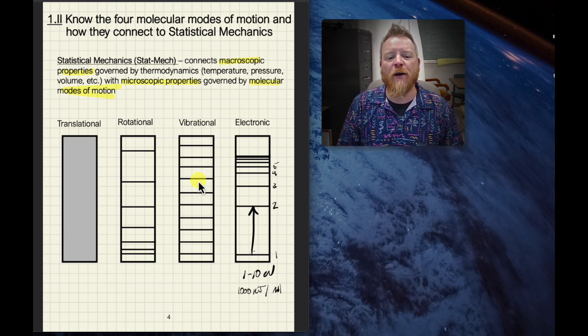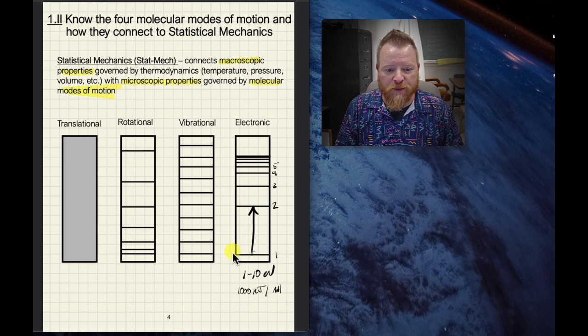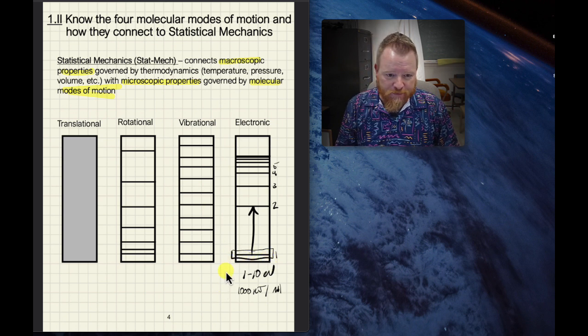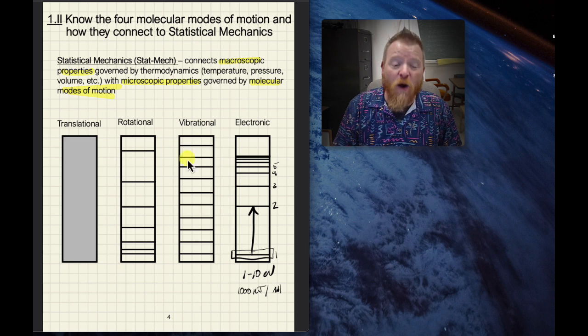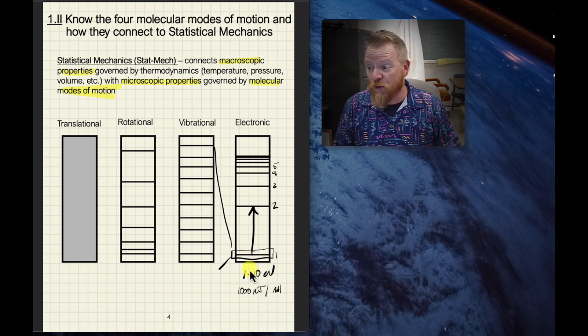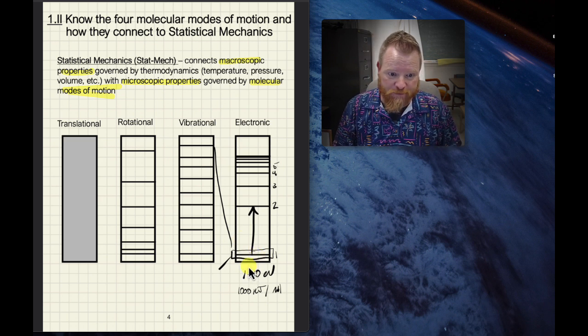So now if we see how the vibrational levels map out onto the electronic levels, if I zoom in here, I'm going to draw a box around this ground electronic state. Well, all of these vibrational levels that we see could fit entirely within this vicinity near the ground electronic state.